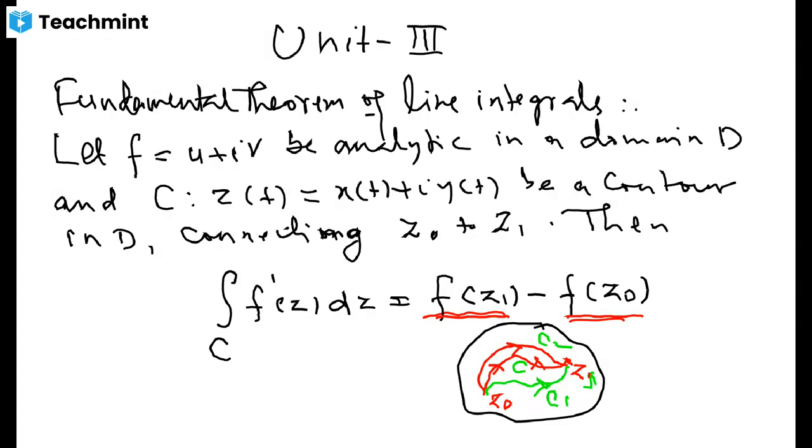Let us go to the proof of this theorem, how it's going to be proved. We are going to take two cases, since a contour is a piecewise smooth arc.